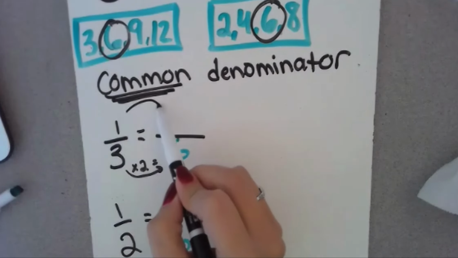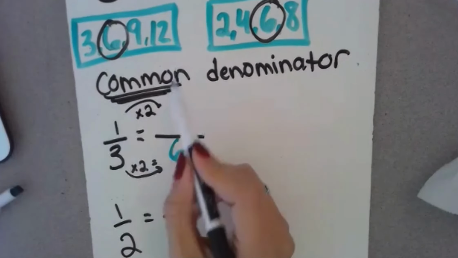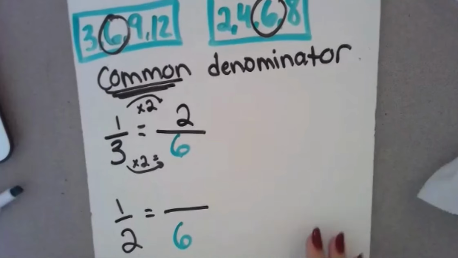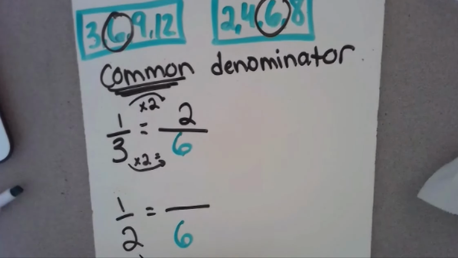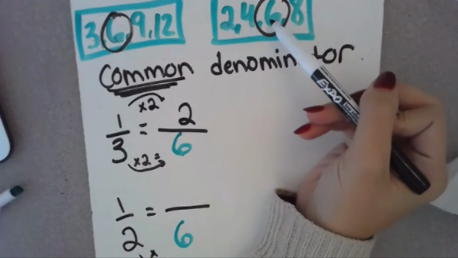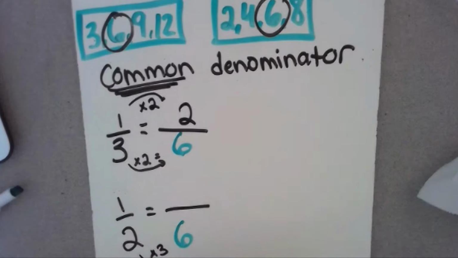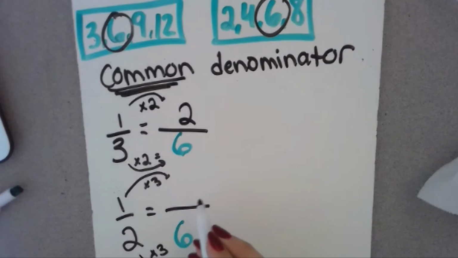Good job, Luke. Times 2. What I do to the bottom, I do to the top. 1 times 2 is 2. Excellent. Now over here. Good job, Mari. 2 times what equals 6? Well, 2 times 1, 2 times 2, 2 times 3. What I do to the bottom, I must do to the top. 1 times 3 is 3.